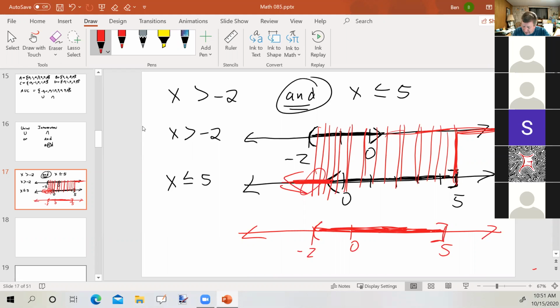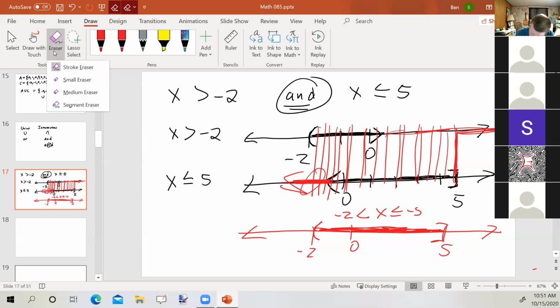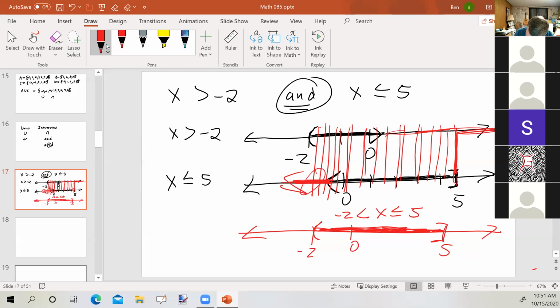Okay. Now, how would I write that? I would say x is greater than -2 and less than or equal to, oops, that shouldn't be a -5, that should be a 5. My bad. Okay. And then finally, interval notation. We're not including -2, but we are including 5.